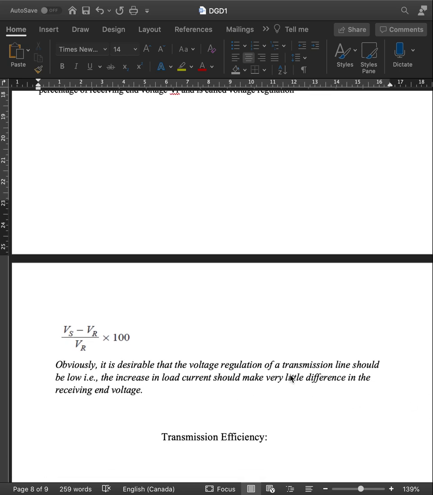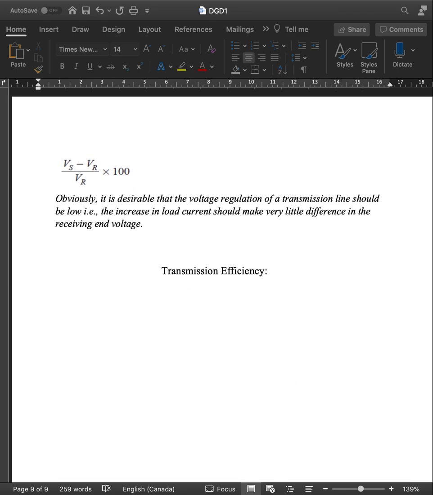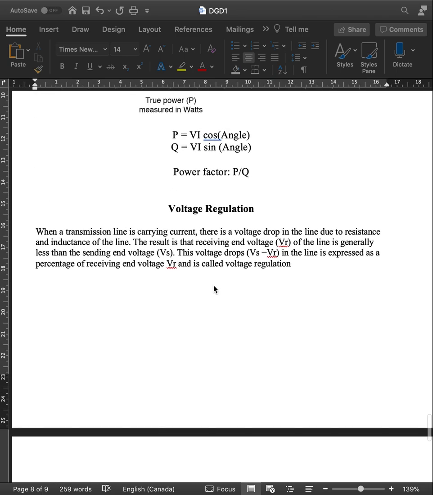The last topic, the last summary we'll be looking at, is transmission efficiency. However, there's one thing quite different between transmission efficiency and voltage regulation.